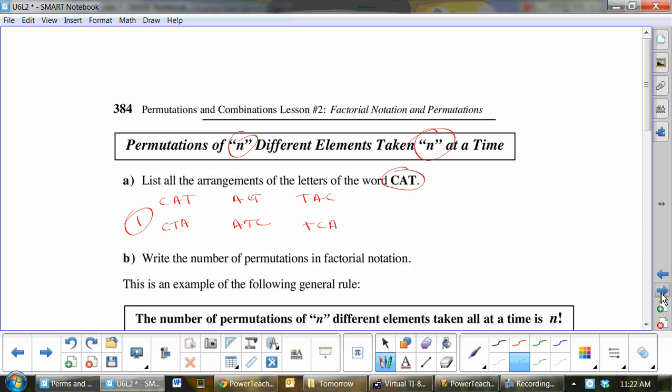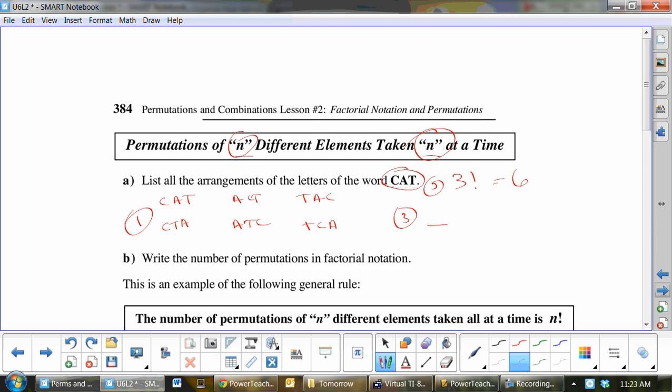Now, the other way, whenever you take n objects, n at a time, since there's 3 objects, you can just go 3 factorial. Now, what is 3 factorial? 6. There's another way you can do it. You can use the fundamental counting principle that we learned last how many classes ago?